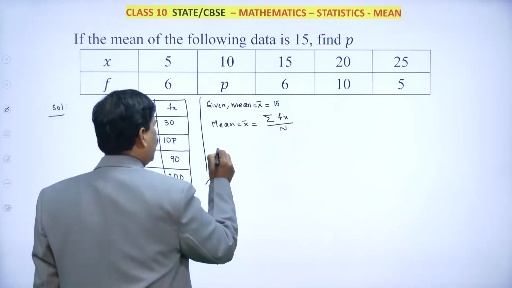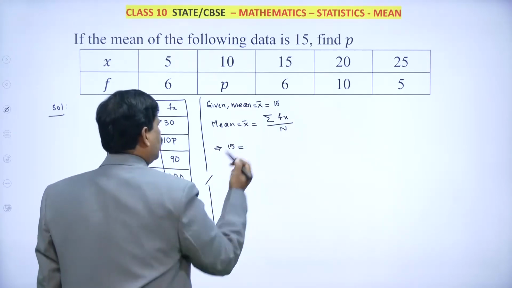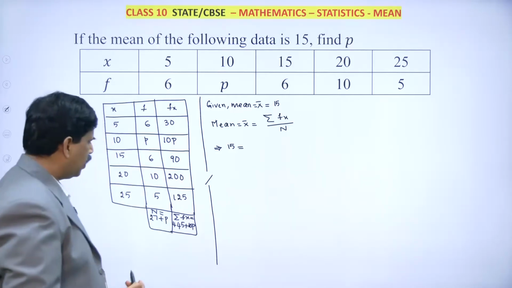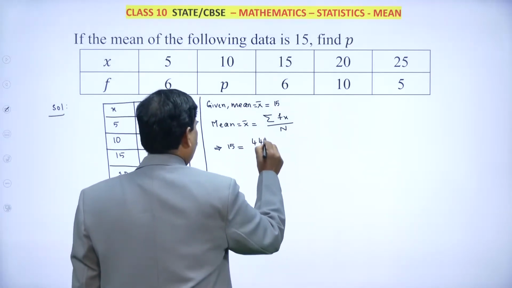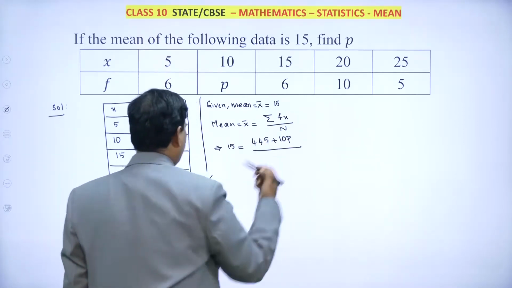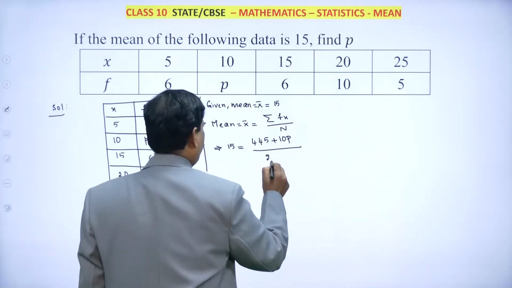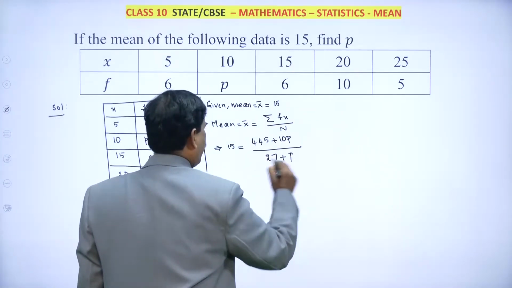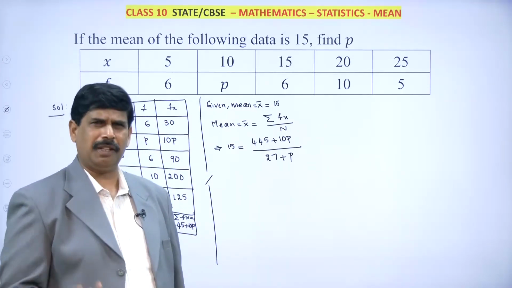Substitute now. X bar, that is 15, is equal to, how much is sigma fx children? 445 plus 10P by, how much is n? 27 plus P. Now we'll simplify and we'll get the value of P. That is the missing frequency.